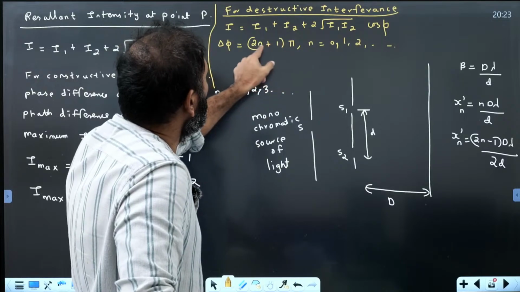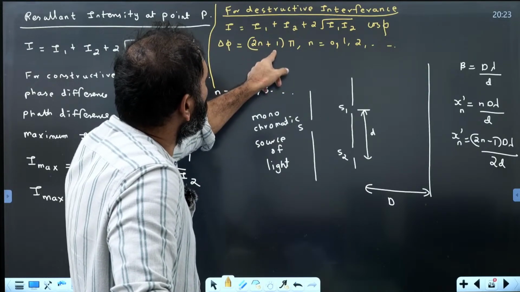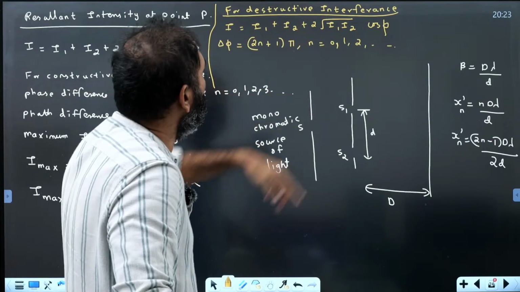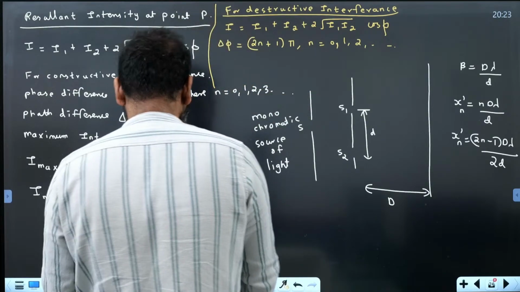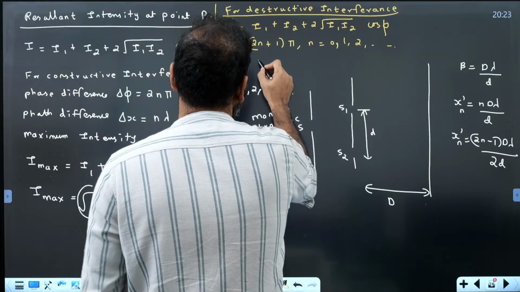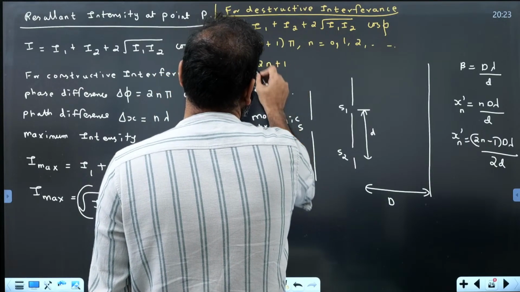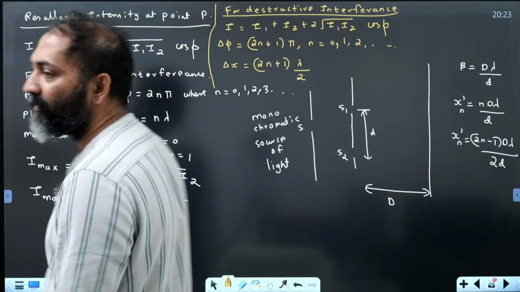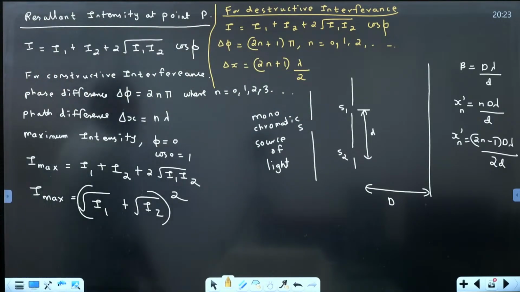If you put 1, 2 into 1 plus 1 is 3, 3 pi. That is an odd multiple of pi. And path difference, that we have discussed, is (2n plus 1) lambda by 2.